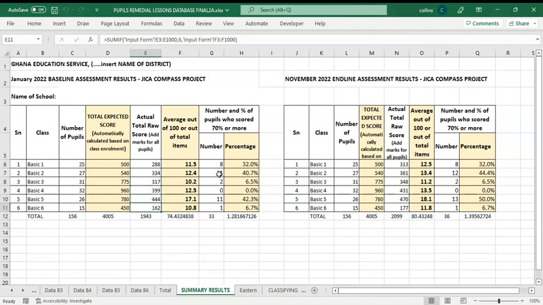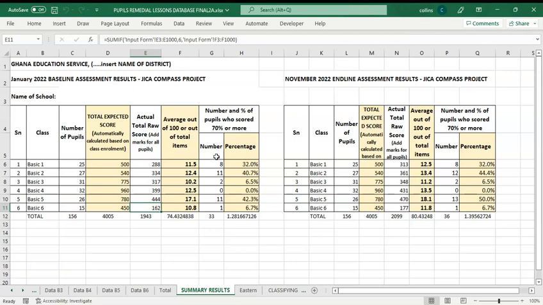All right. Then here, average out of 100, that is out of total. So you will see that here too we are able to find out how many of our learners scored 70% or more, or less than 70%.